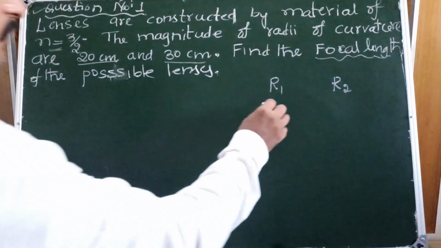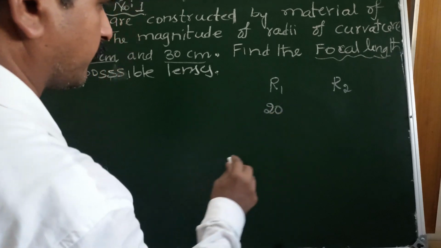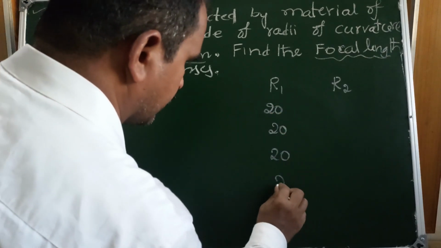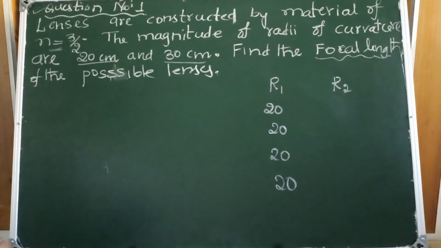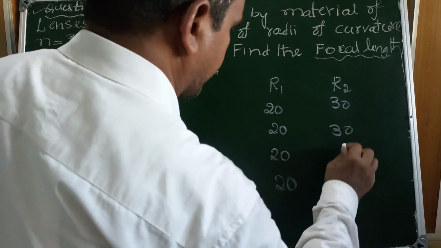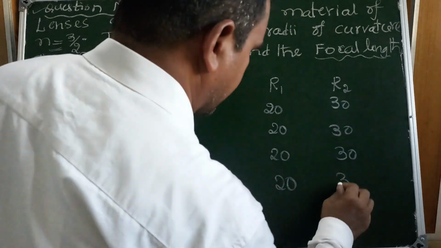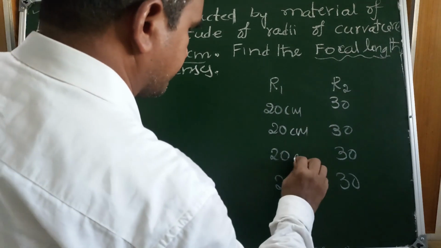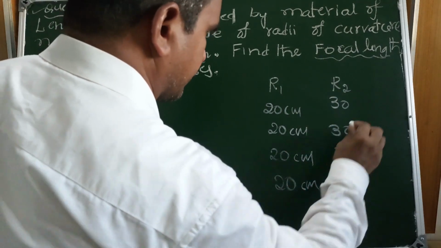R1 value is 20, R2 value is 30 centimeter. So these are all in the centimeter range, so units are also very important here.